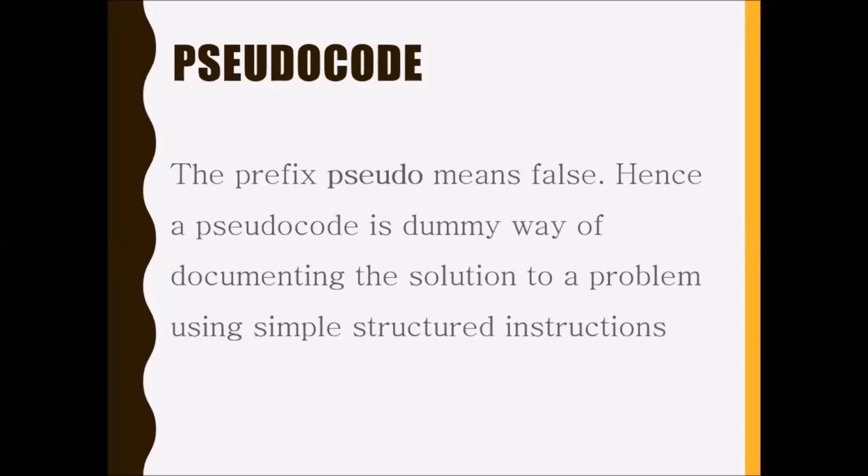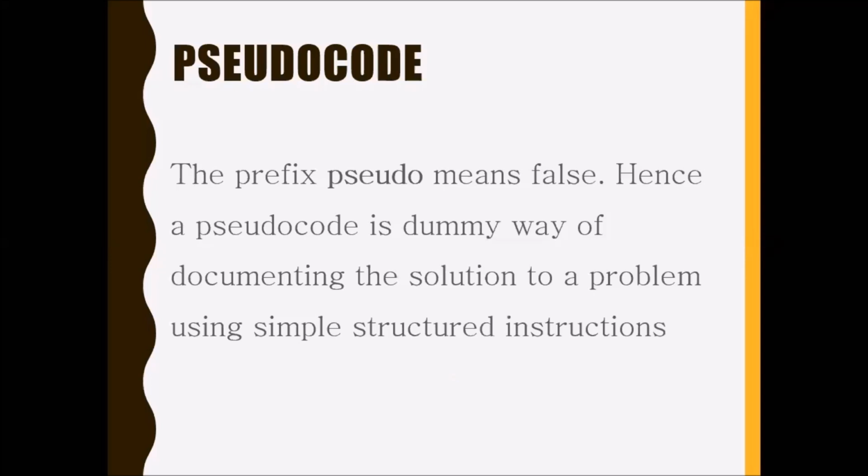Now, in computing itself, there are multiple ways that you can represent the solution to a problem. And we're saying that one such way is a pseudocode. That's what's on your screen now. Now your pseudocode, and we said the prefix pseudo means false.